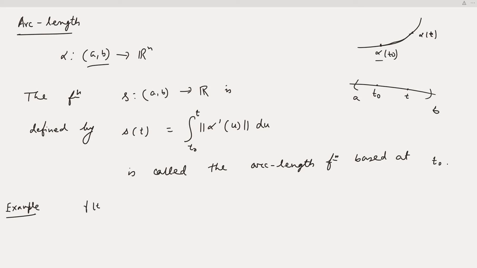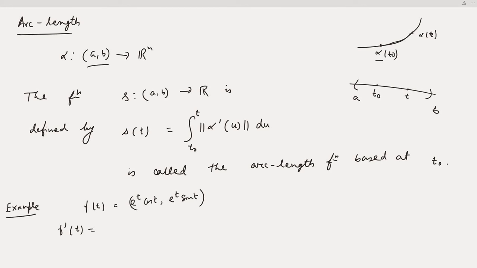Consider gamma t equal to e power t cos t comma e power t sin t. So, a spiral. Then what is the tangent vector? The tangent vector is the derivative of gamma with respect to t.